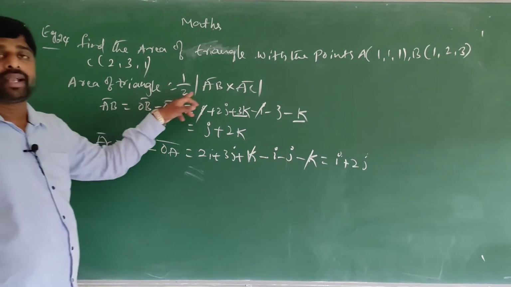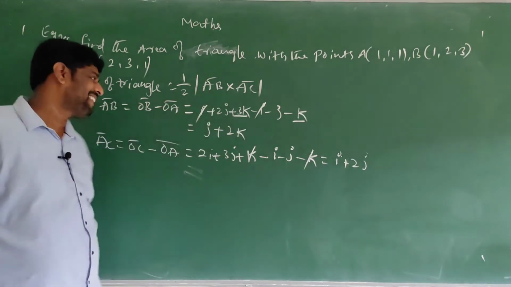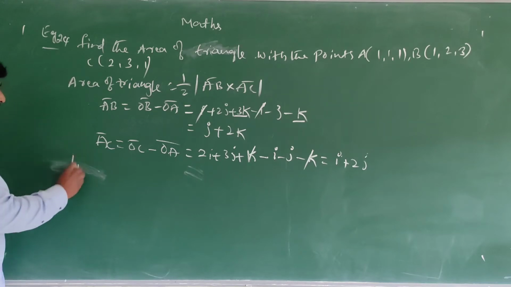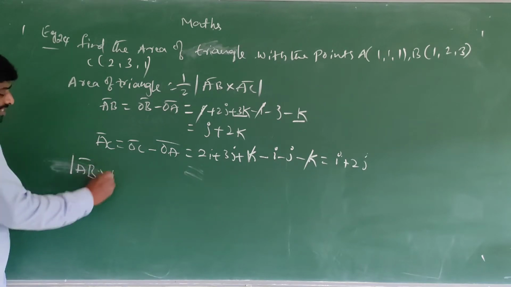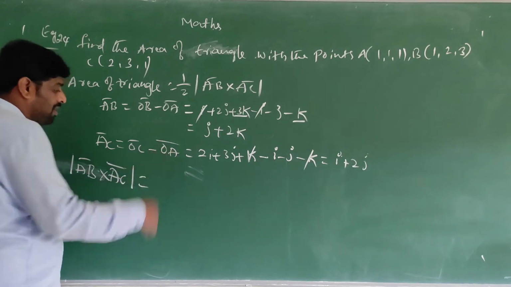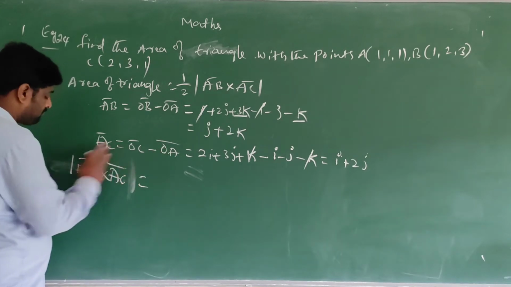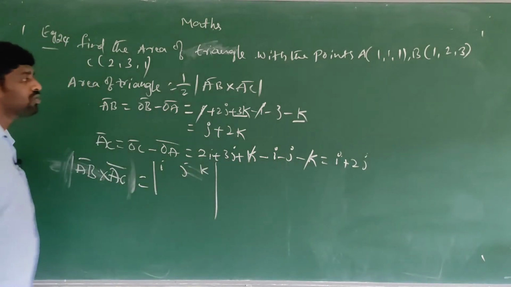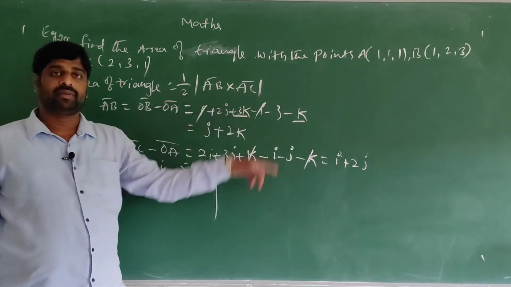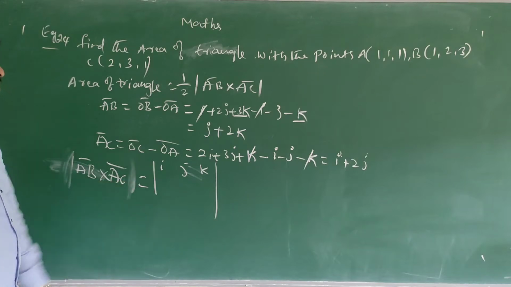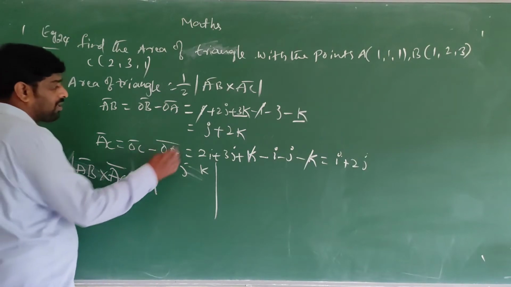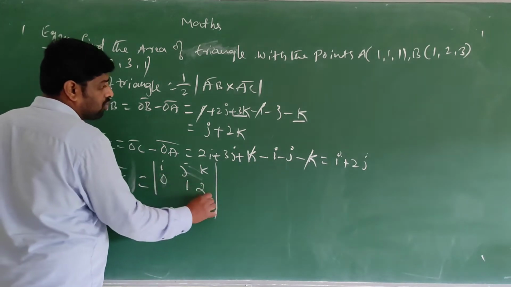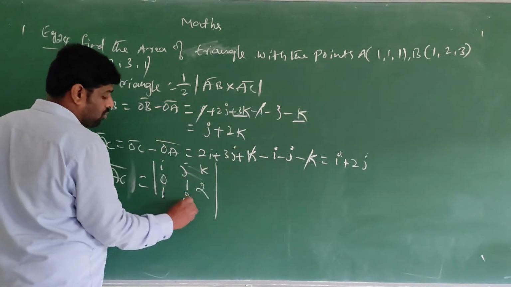So the area of the triangle is 1/2 magnitude of AB bar cross AC bar. First we find AB bar cross AC bar, the determinant of I, J, K; AB bar is 0, 1, 2 and AC bar is 1, 2, 0.